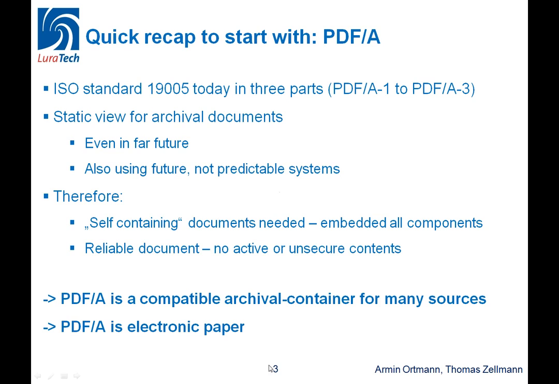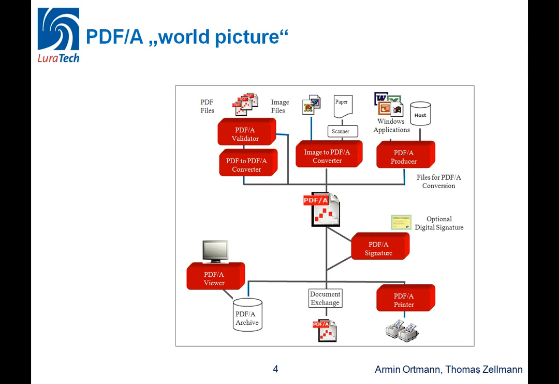So PDF always was, and PDFA is dedicated to this goal and target to have a container for archival of many sources. And very simply speaking, PDFA is electronic paper. So if you just want to keep a very simple explanation, paper has proven itself over the centuries, and electronic PDFA should be the same thing in our digital world to guarantee the long term of documents.